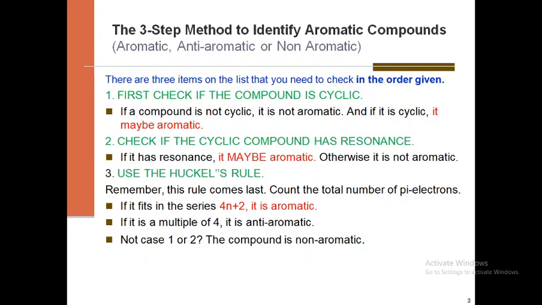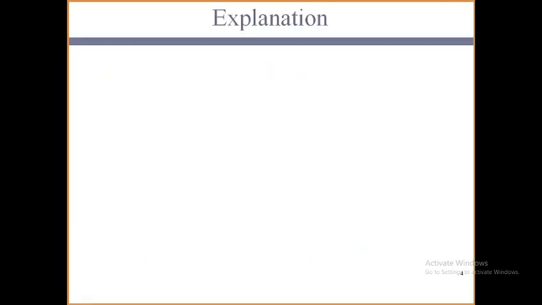The third case, if your compound is cyclic, has a resonating structure, but doesn't follow the 4n plus 2 or the 4n rule, then it is non-aromatic. Okay, so let's discuss with an example.